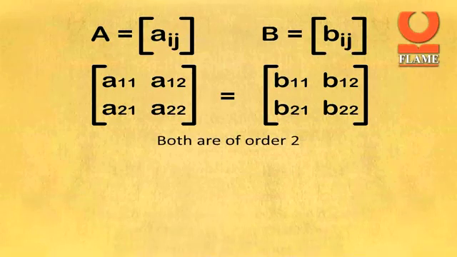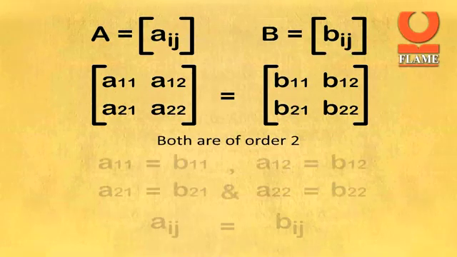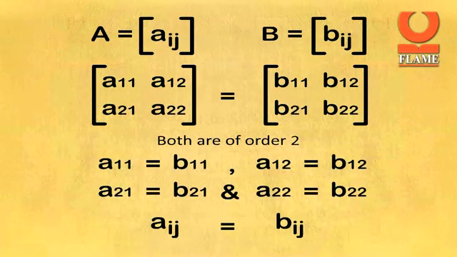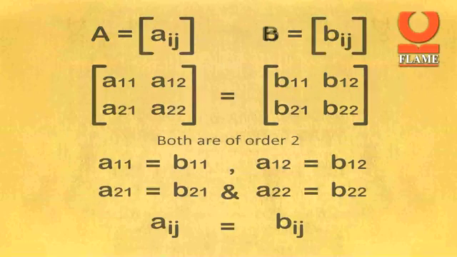Since both are of order 2, we can say that A11 is equal to B11, A12 is equal to B12, B21 is equal to A21 and A22 is equal to B22. This implies Aij is equal to Bij.